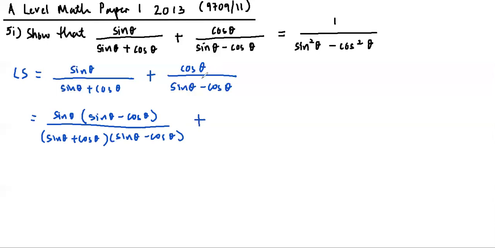For the second term, you multiply both the numerator and the denominator by the denominator of the first term, which is sine theta plus cosine theta. So you multiply cosine theta by sine theta plus cosine theta and do the same for the denominator.